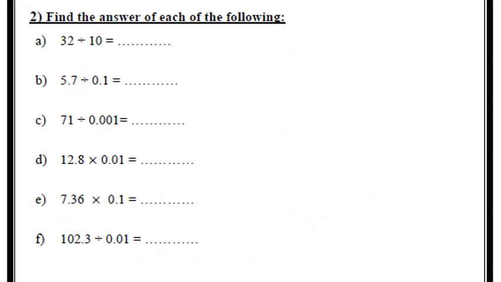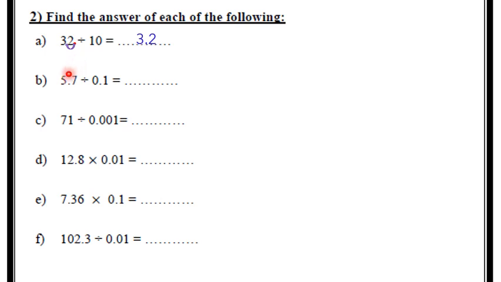Let's solve exercise 2. Here we have 32 divided by 10. This is normal, so I will move the decimal point to the left. Here there is no decimal, so I will put the decimal point at the end. Then I will move to the left 1 place. So it will be 3.2.